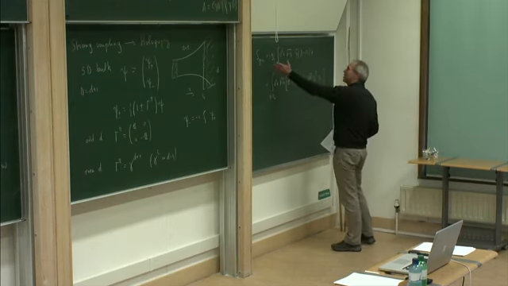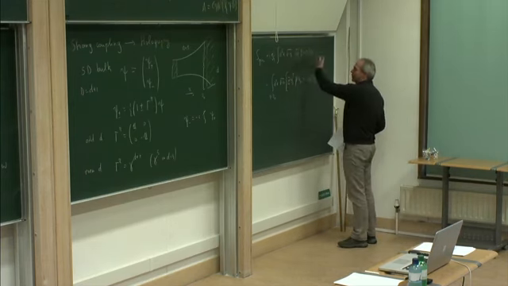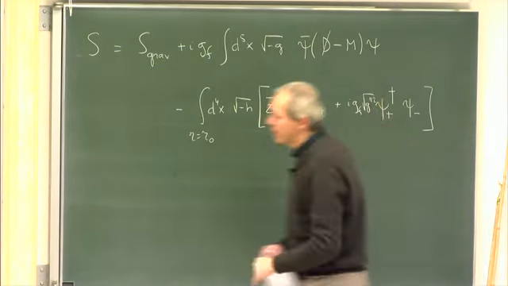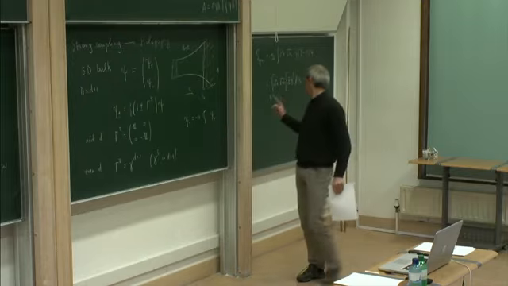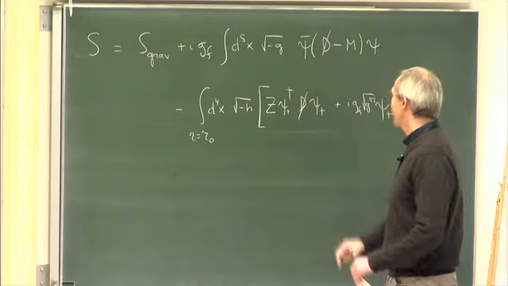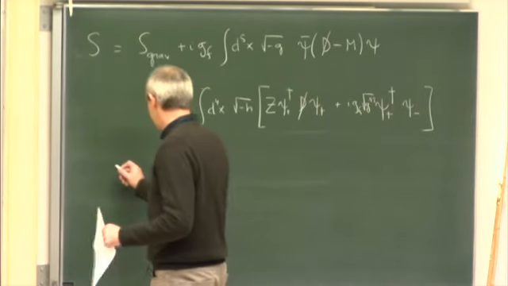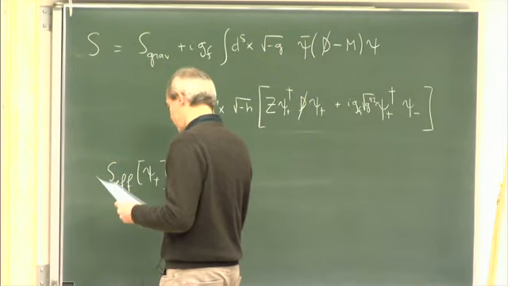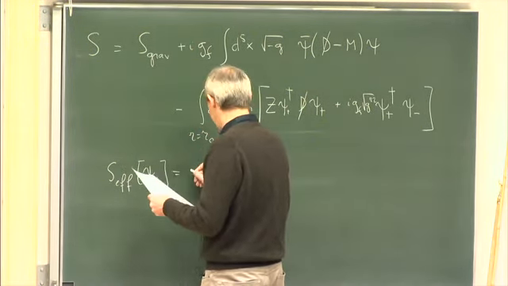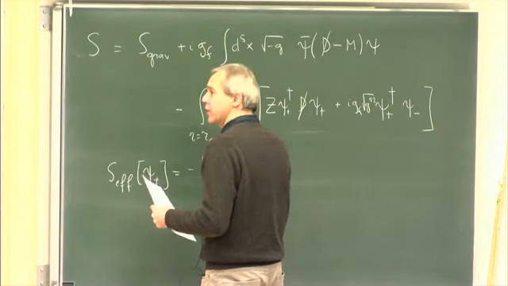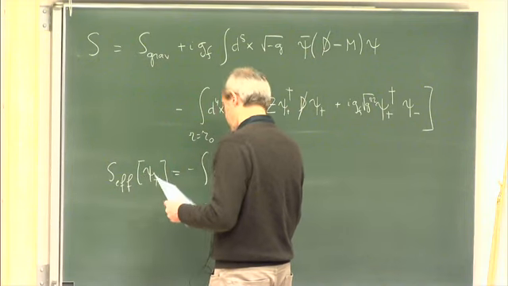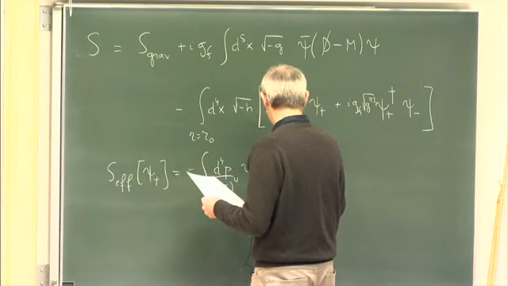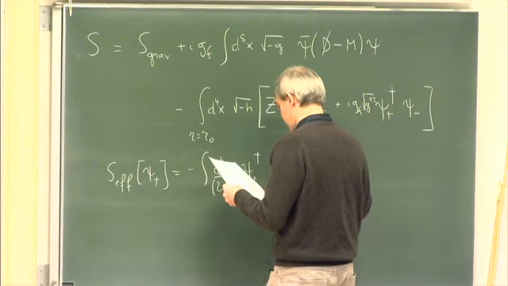So what we do is we plug in the solution of the Dirac equation, but you get 0 from the bulk action because it is first order. So when you plug in this relation, you eliminate psi minus, and what you get is an effective theory for the source, psi plus, which looks something like minus the integral d4p over (2 pi)^4, psi plus dagger, square root minus h.